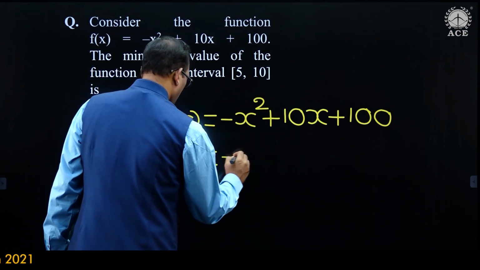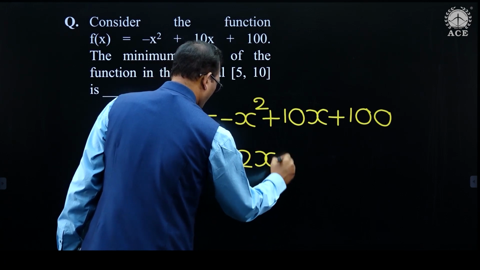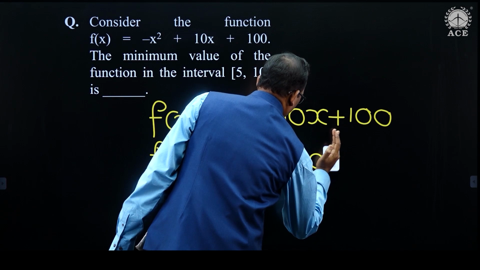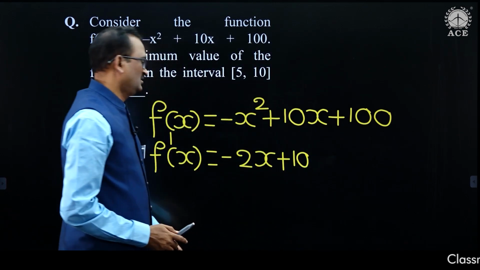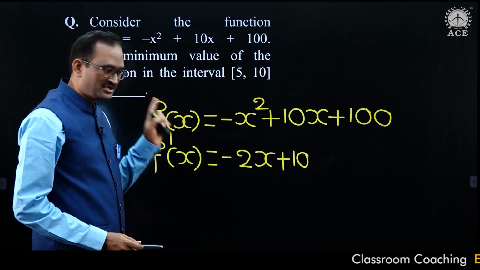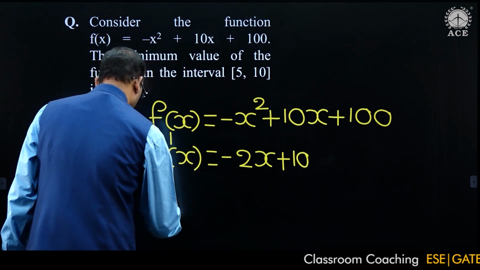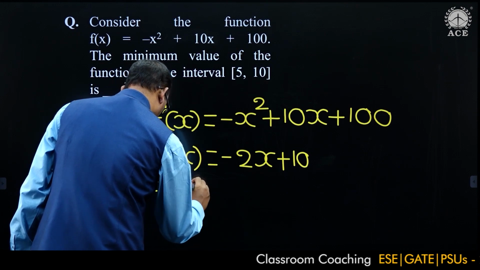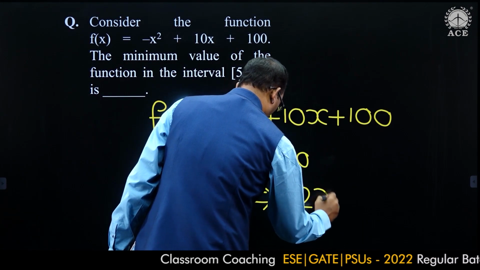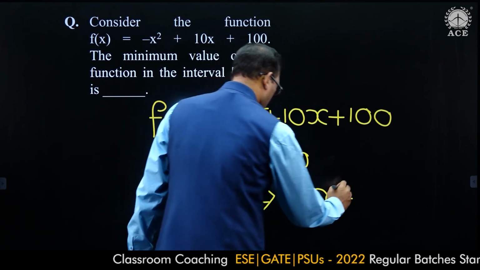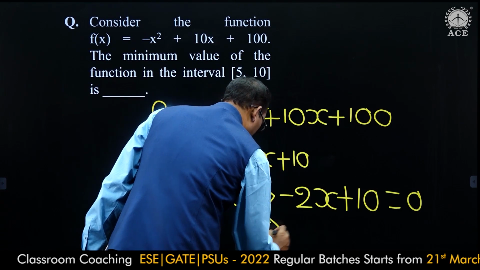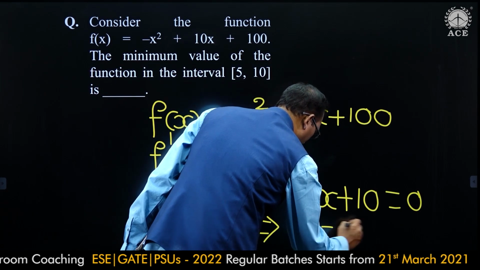Then it is minus 2x plus 10. So f dash x must be equated to 0 in order to get a stationary point. Minus 2x plus 10 is equal to 0. From this, x is equal to 5.